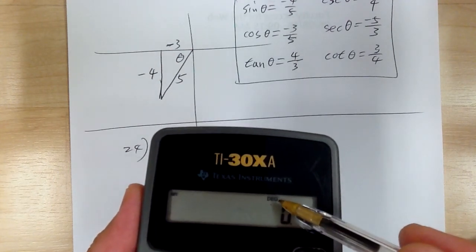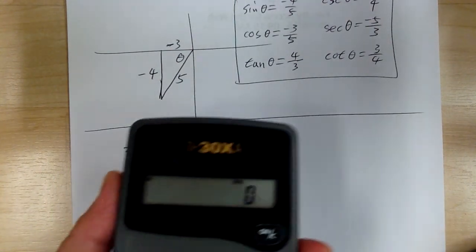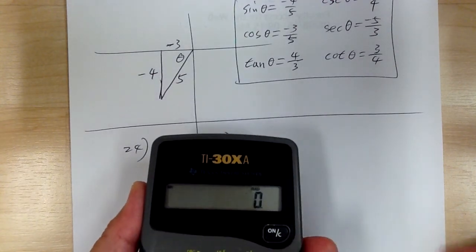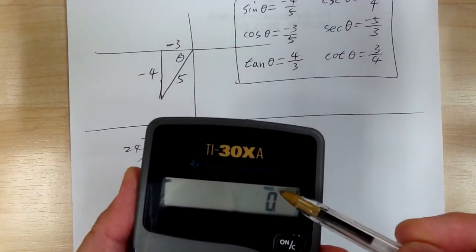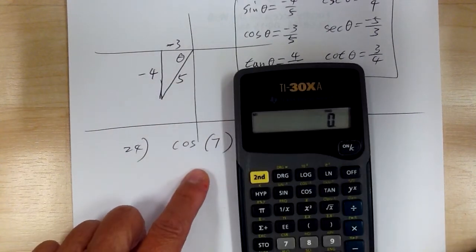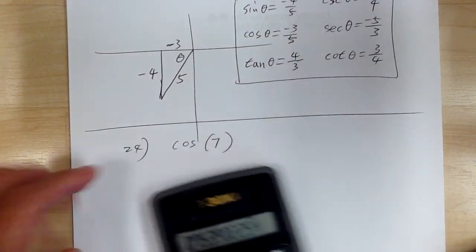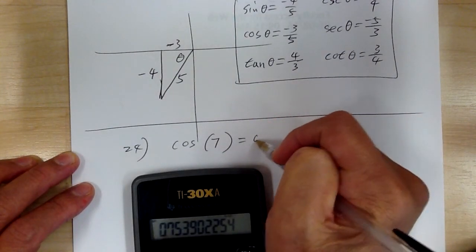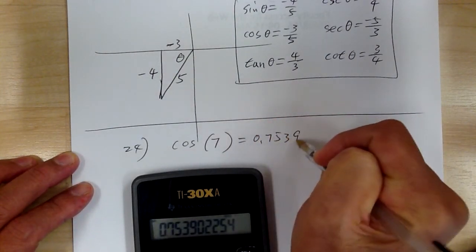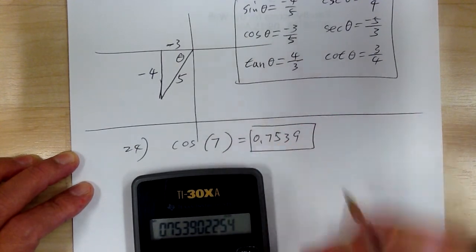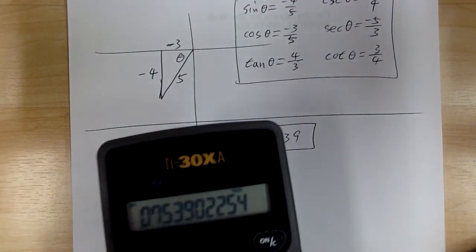So that means it's in degree mode. But if you're using radians, you have to change into radian mode. Okay, so you say RAD, so radian mode. So now you're all set. So you go 7, and you push cosine, and that is your answer. That's your ratio. So 0.7539, and that's the answer. So you've got to pay attention to which mode.